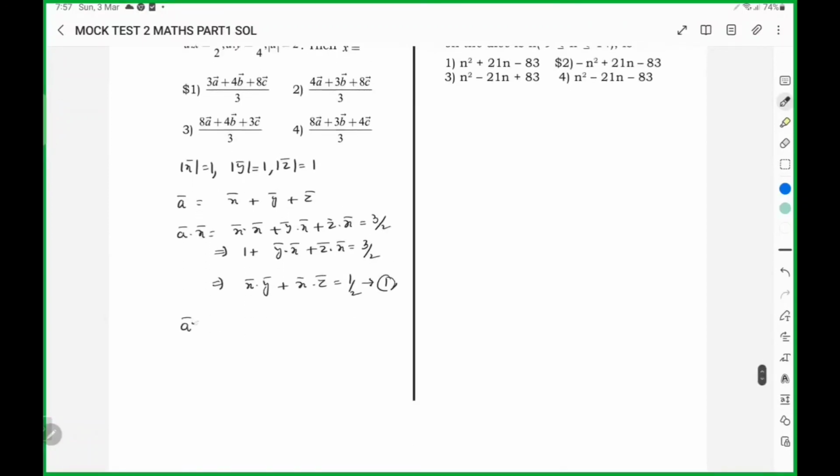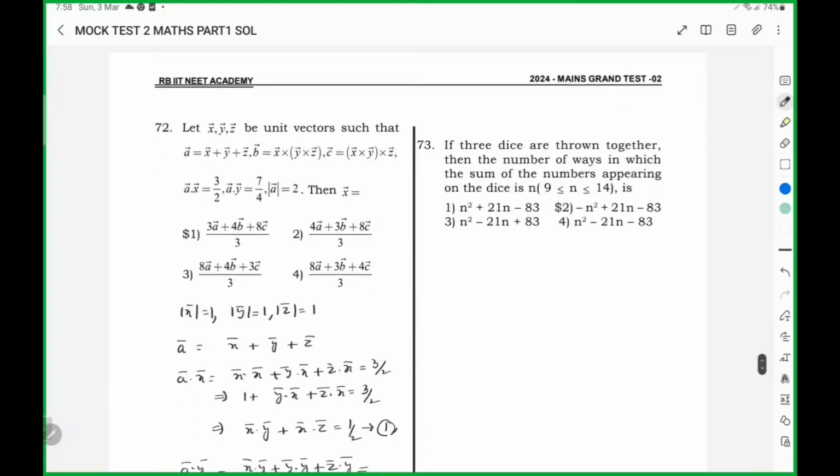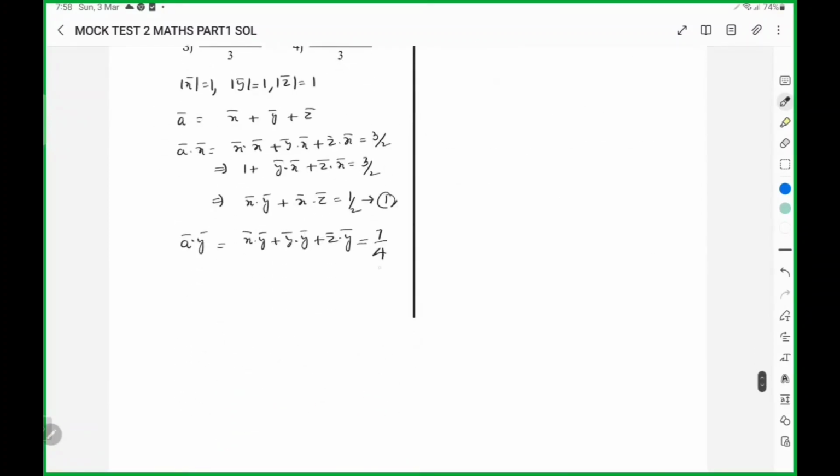A dot y will be x dot y, y dot y plus z dot y, which is 7 by 4. X dot y plus 1 plus z dot y is 7 by 4, three by 4, which is 2.